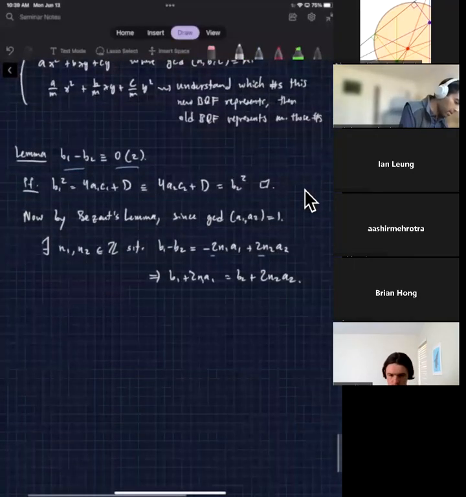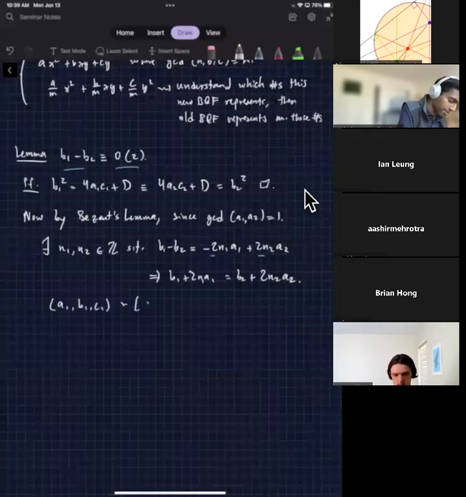But now recall that if you had a1, b1, c1, that was equivalent to a BQF of the form a1, b1 plus 2n1a1, followed by something. And that equivalence happened by means of the matrix 1, 0, n1, 1.